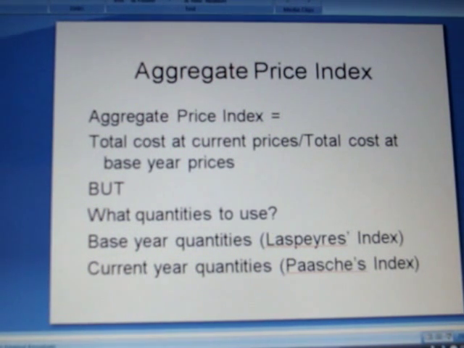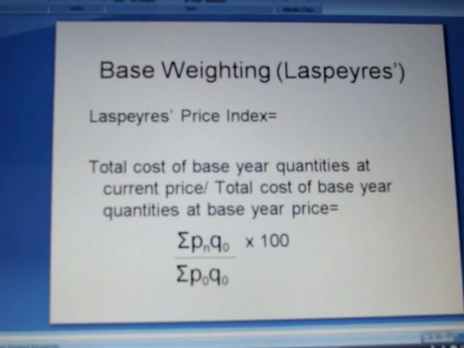If we use the base year quantities, it is called Laspeyres method. So Laspeyres price index uses the base year quantities. And the formula is therefore total cost of base year quantities at current price divided by total cost of base year quantities at base year prices.